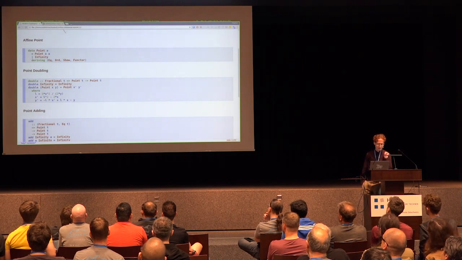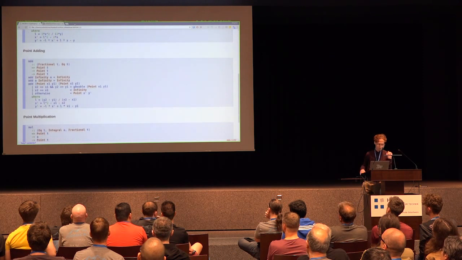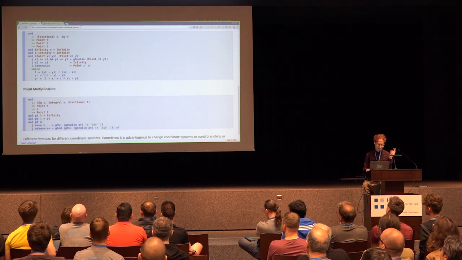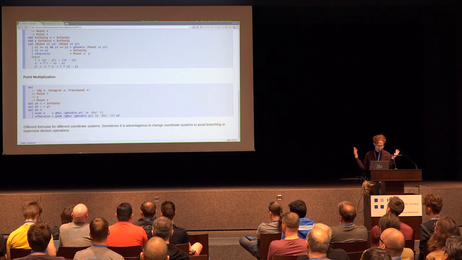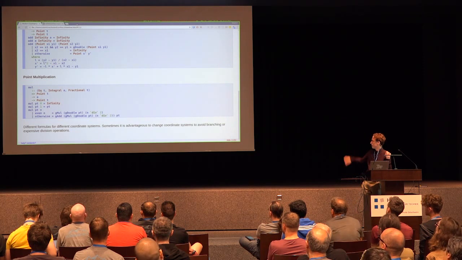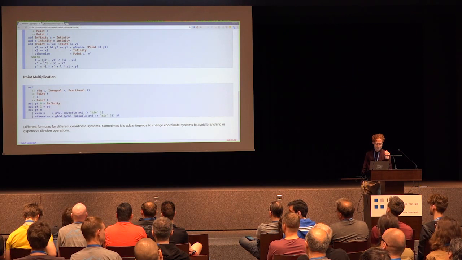The doubling operation, these were all well understood formulas for adding points on elliptic curves. And then the multiplication operation, which is crucial to what we're doing here, where we take a point and a fixed integral value a.